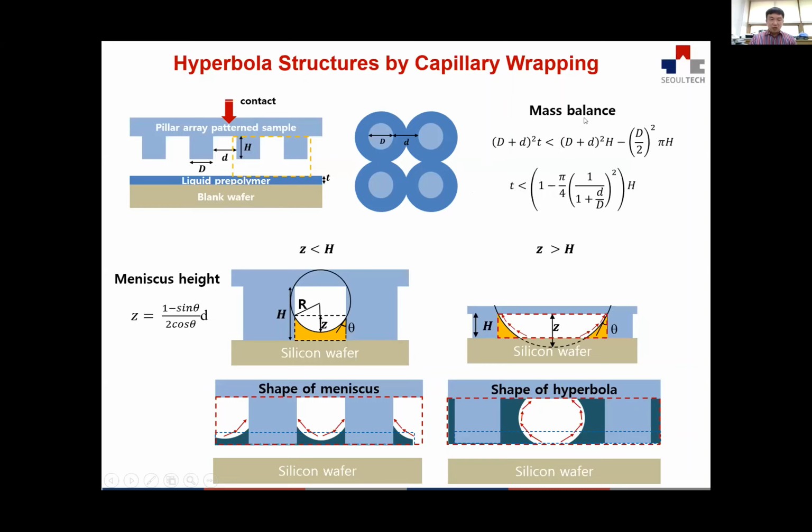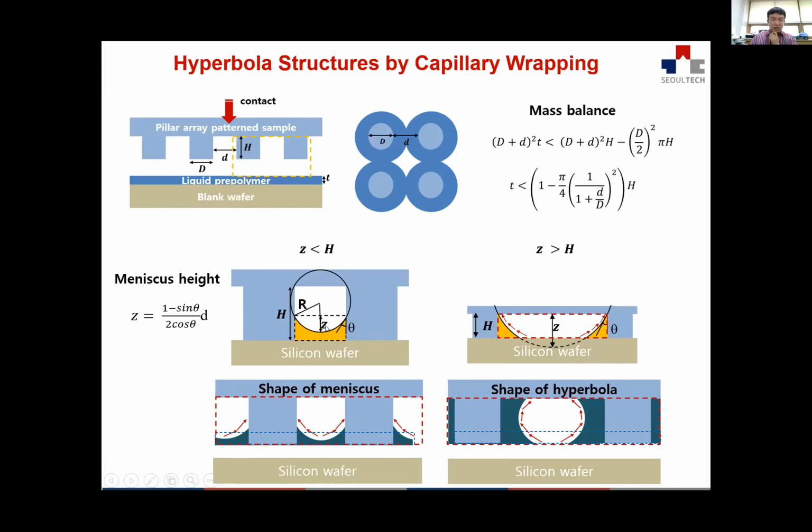Interestingly, we get the result of two different regimes. When the aspect ratio is high, meaning the height is taller, a meniscus is formed on the surface.